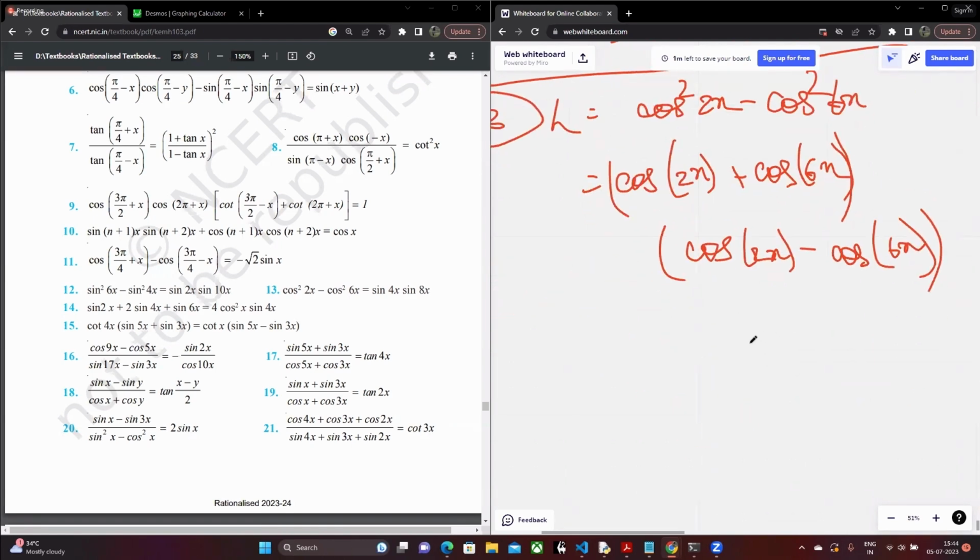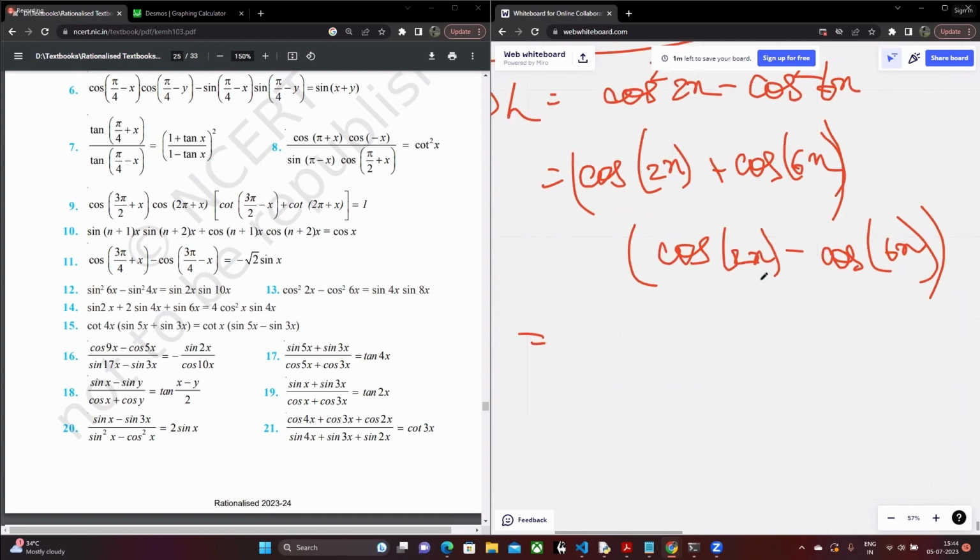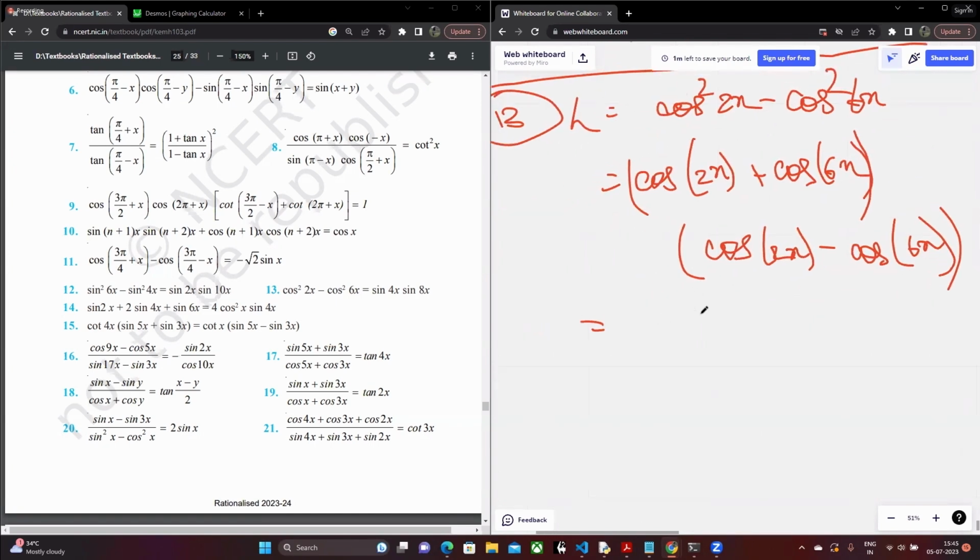The first part: cos a plus cos b is going to be 2 into cos of a plus b by 2 into cos of a minus b by 2, while cos a minus cos b is going to be 2 sine a plus b by 2 into sine of b minus a by 2. Remember the switch in the signs for cos a minus cos b and sine a minus sine b. There's going to be a switch in the signs. Do not forget, because if you forget it, your answer is going to go wrong.